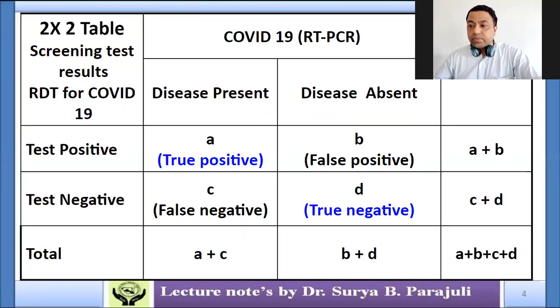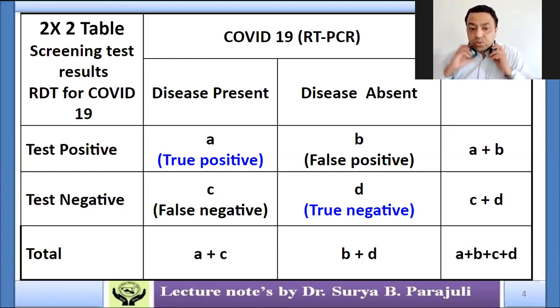Now, let me try my best to use the terminology or components: sensitivity, specificity, true positive, true negative, false positive and false negative, through this 2x2 table.